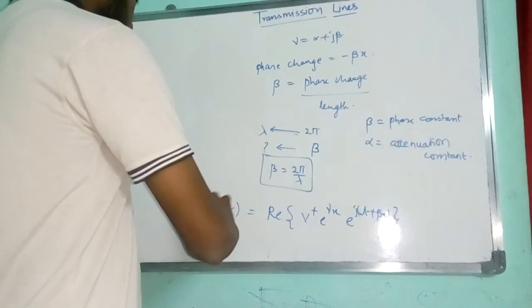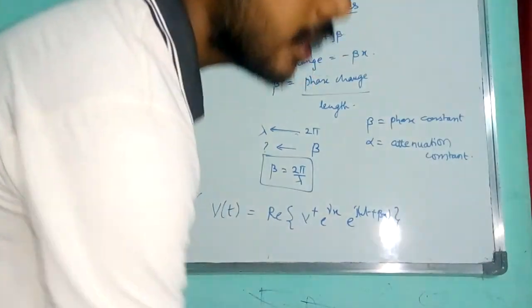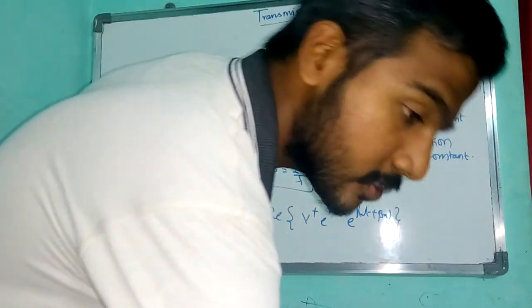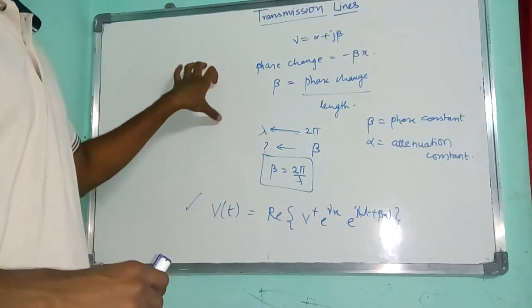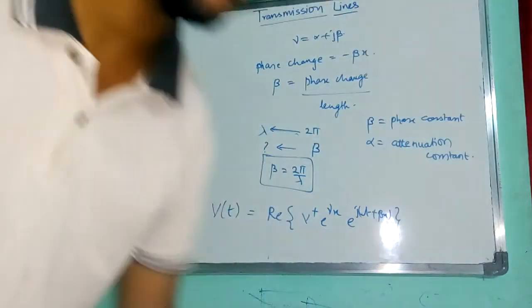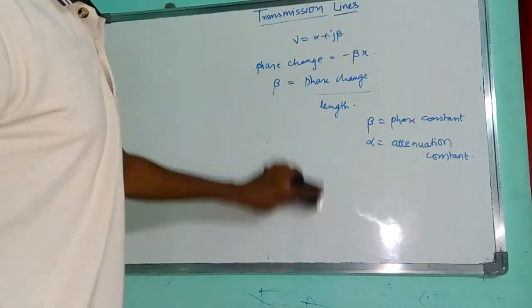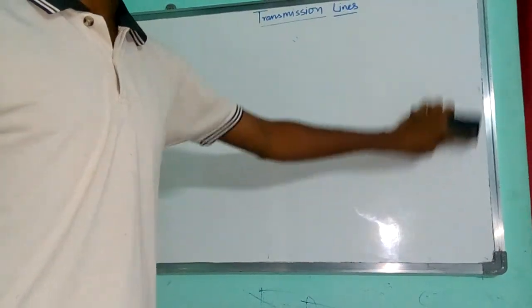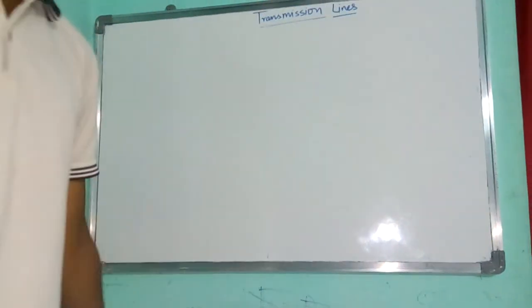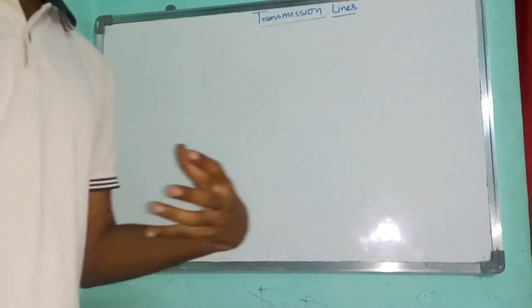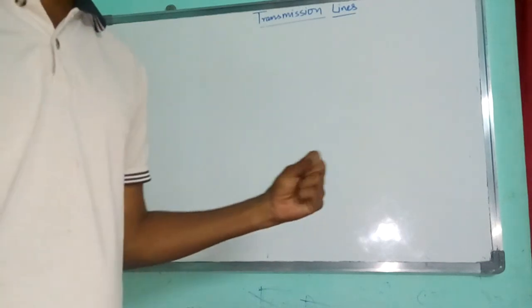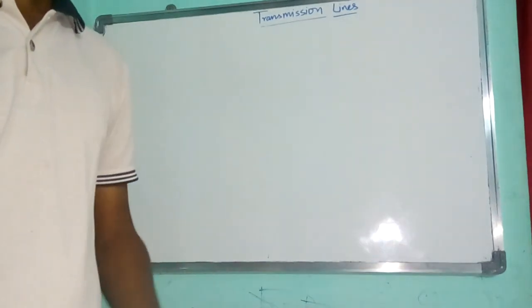Okay, with this I'll stop this lecture here. In this video we have learned how a transmission line looks, what the equations governing transmission lines are, what the attenuation constant and the phase constant are, and how the phase change occurs from source to generator.